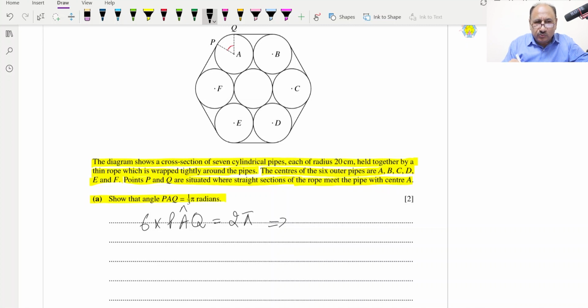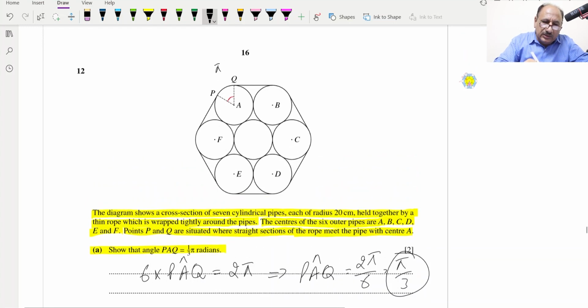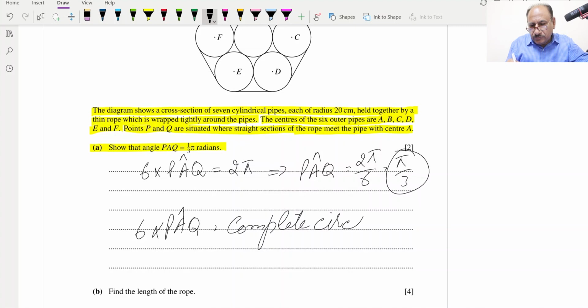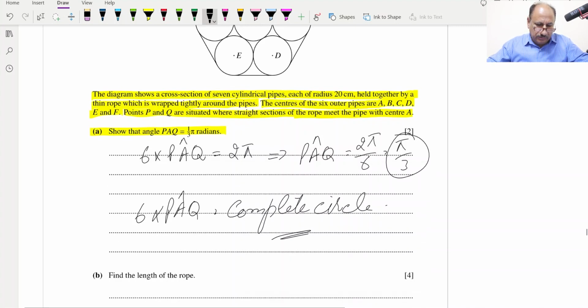So this implies PAQ angle will be equal to 2 pi over 6, which is equal to pi over 3. So this is how we got this angle as pi by 3. Now what else? If we multiply this 6 into PAQ angle, this will give us the complete circle. This is what you have to keep in mind.